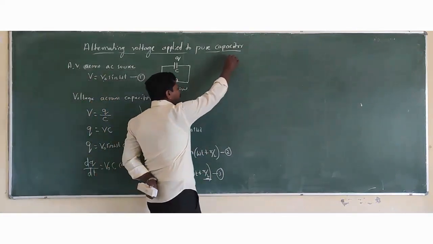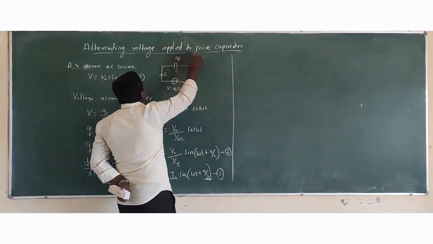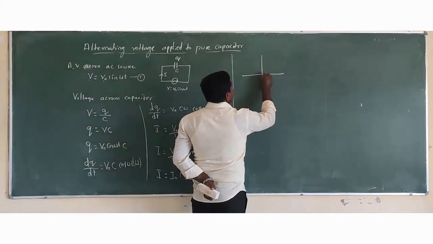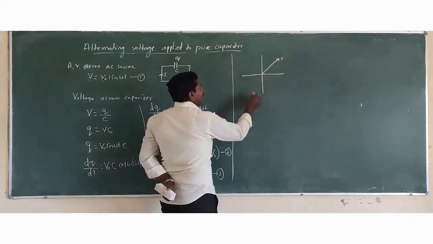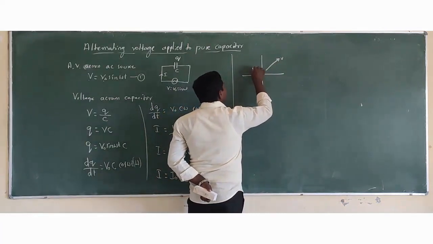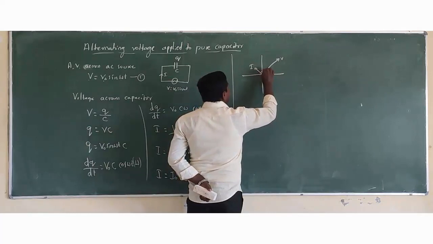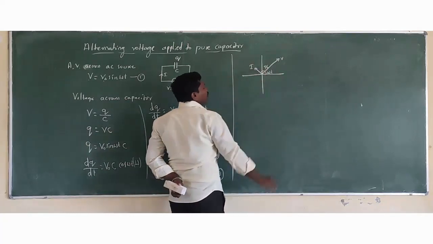Here we are going to observe the phasor diagram for alternating voltage applied to a pure capacitor. Already we discussed this phasor diagram, and this represents the voltage wave, and this represents the current wave. Here it is omega t, and the angle between voltage and current wave is pi by 2.